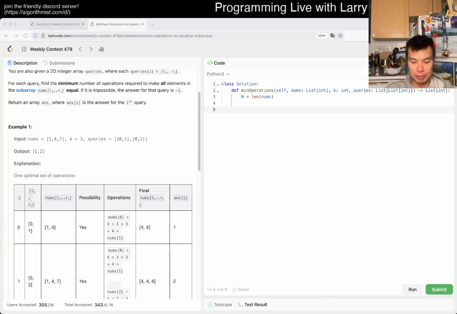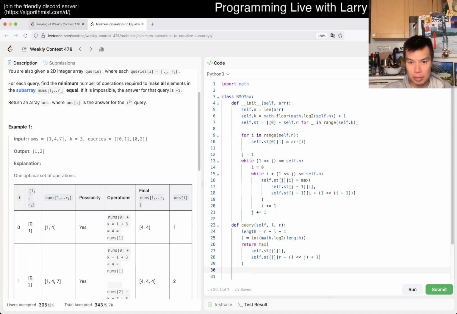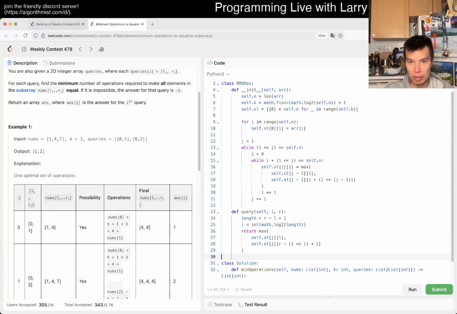I guess I could use RMQ, right? Yeah, good enough.